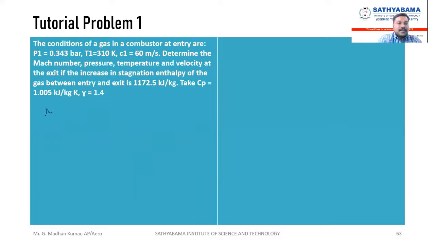We are having M1 is equal to 0.17. What is your gamma? Gamma is nothing but 1.4. Okay, so go to Rayleigh flow table now.